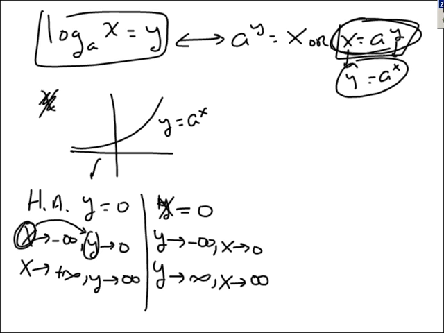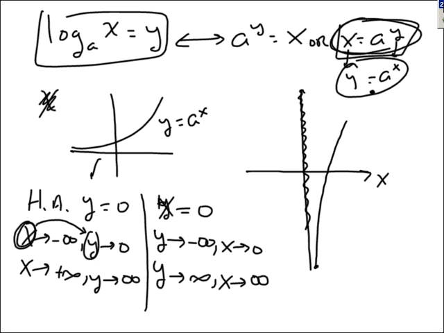It's going to have the same flavor as y equals a to the x. We know that it gets close to x equals 0. When y is very, very negative, x is close to 0. When y goes to positive infinity, x is really large. The graph goes like that.